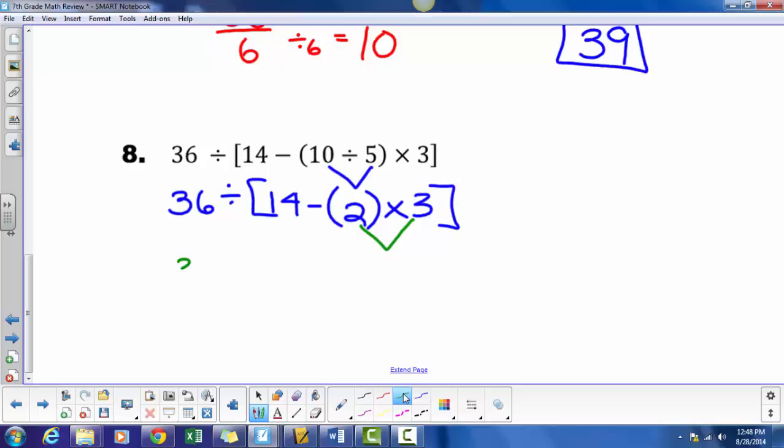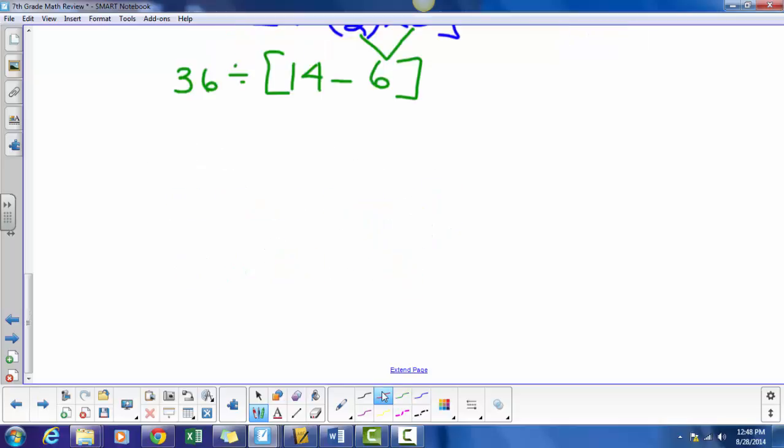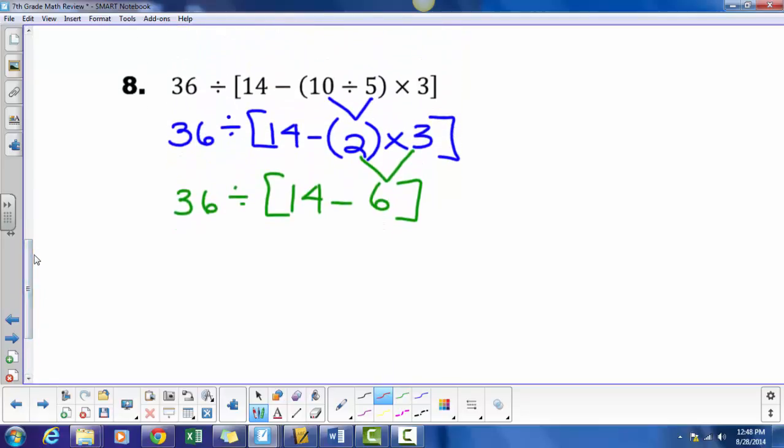I have to take care of the multiplication first. 36 divided by bracket 14 minus, let's see, 2 times 3 is 6. Okay, now I can take care of this parenthesis or this bracket. Let's see, so that is 14 minus 6 is 8. So I have 36 divided by 8.